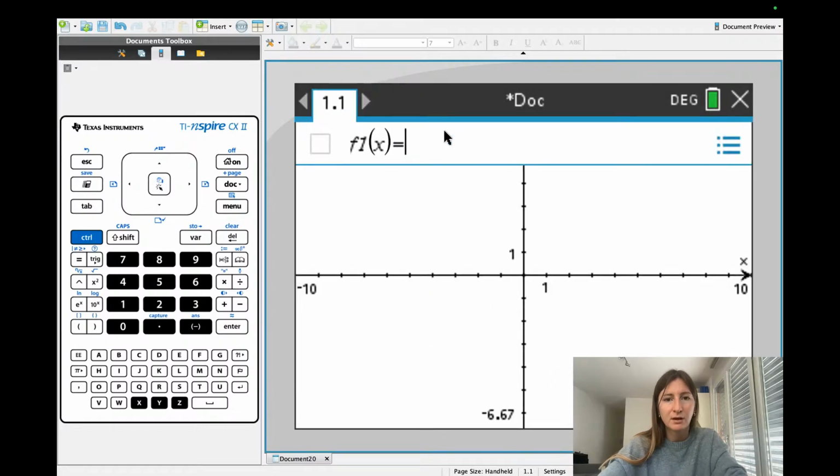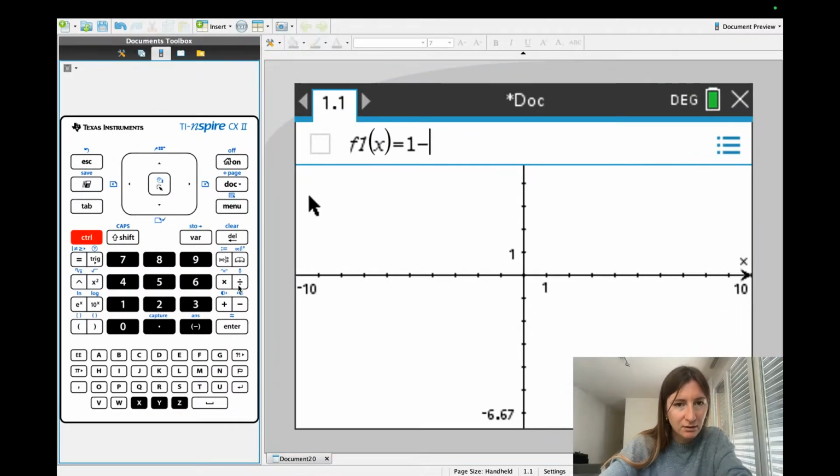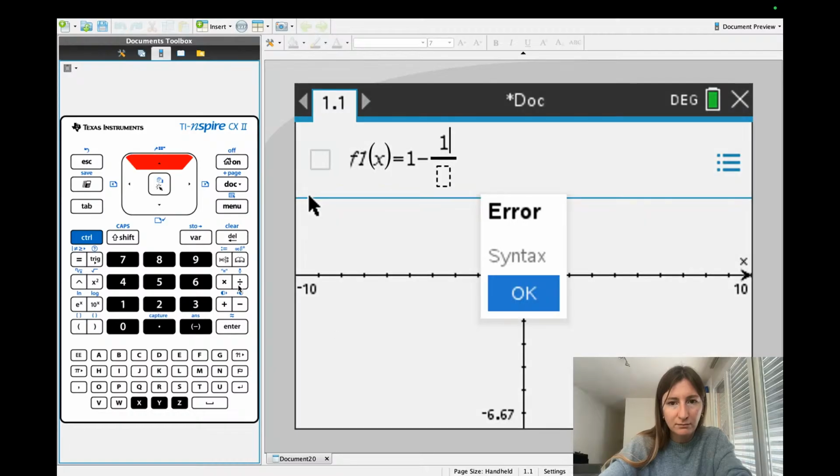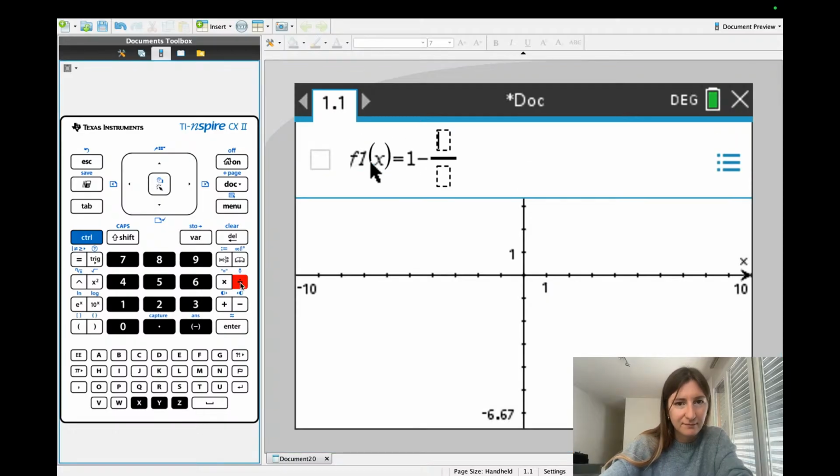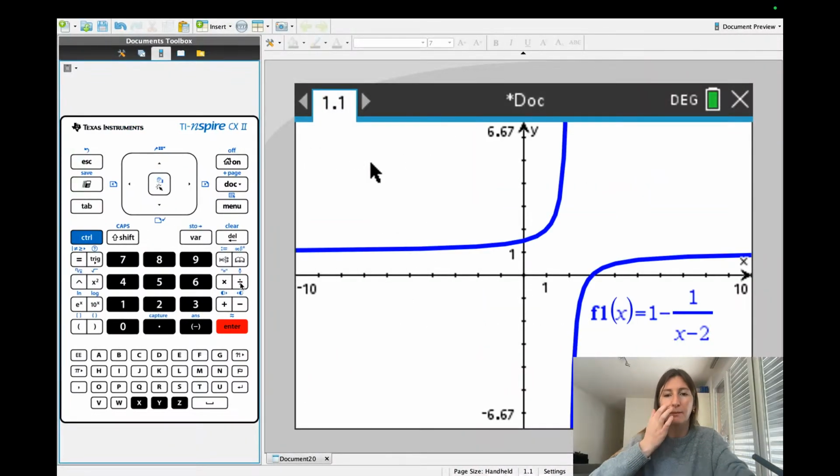There we go. All right, and our graph was 1 minus, let's do a fraction, 1 over x minus 2. Oh gosh, these calculators. There we go.